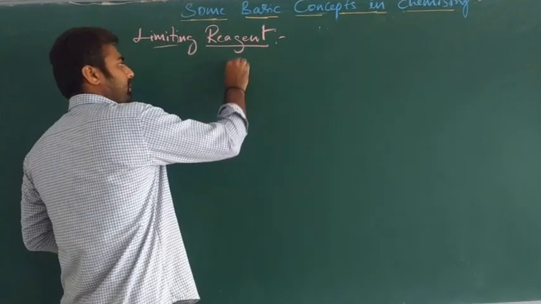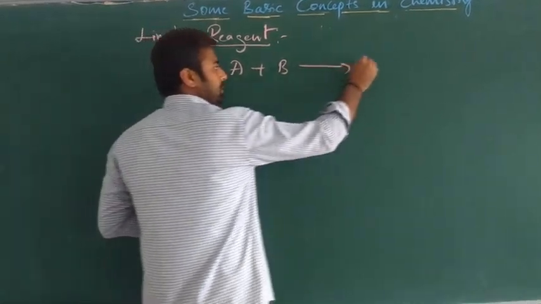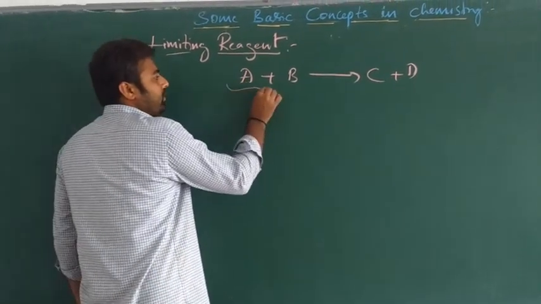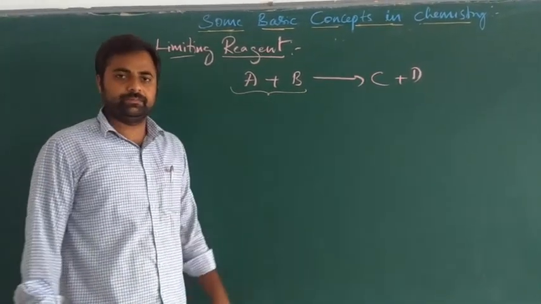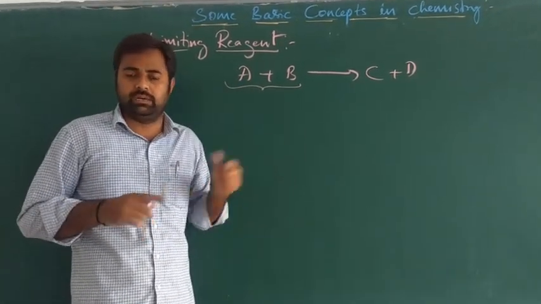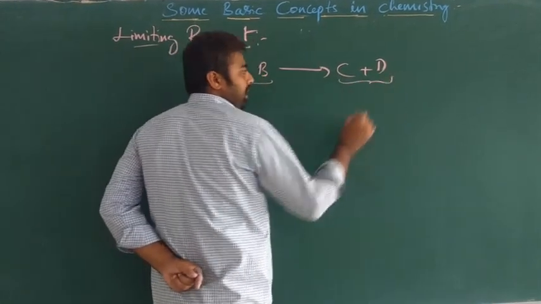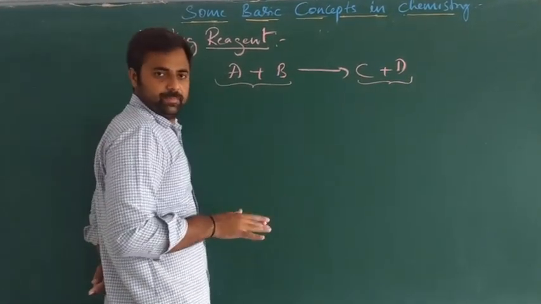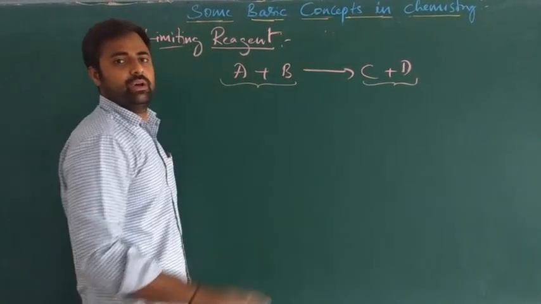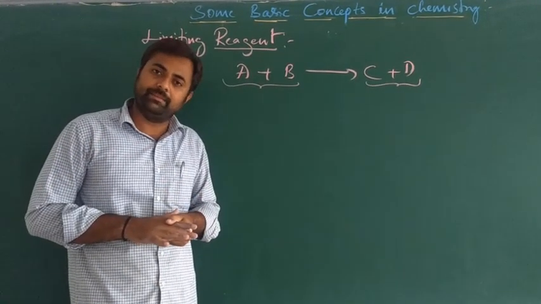For example, A plus B are the reactants, and C plus D are the products. Out of these two reactants, one is present in a larger quantity than the other, and the products are produced on the basis of the reactant which has reacted completely, right?